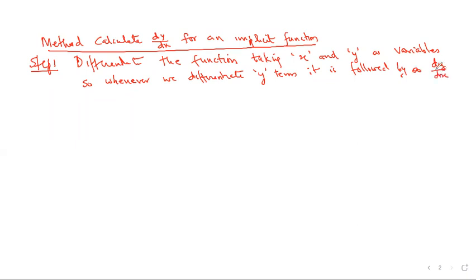Whenever y is present, sine y derivative is cos y times derivative of y. So dy by dx will be there whenever you are differentiating a y term. Step number 2. Open the bracket, if any. Depending on the question, some questions may have brackets, some may not.